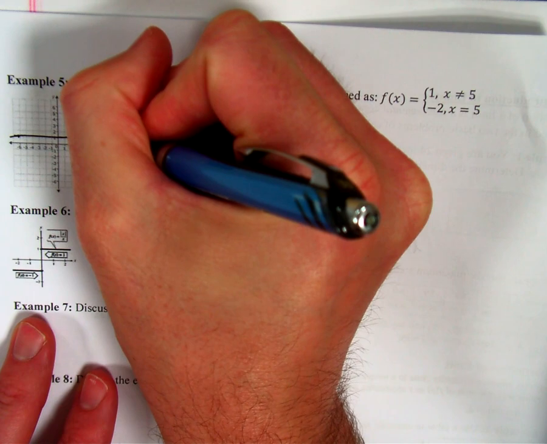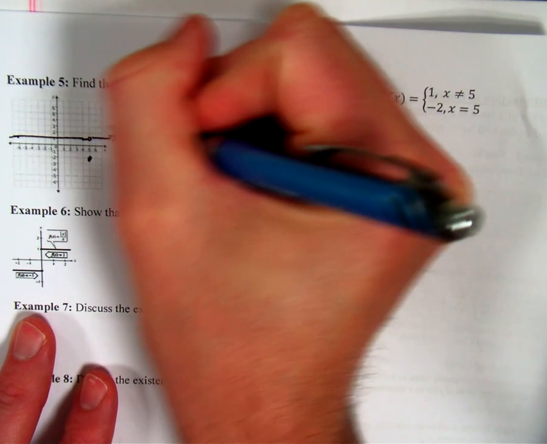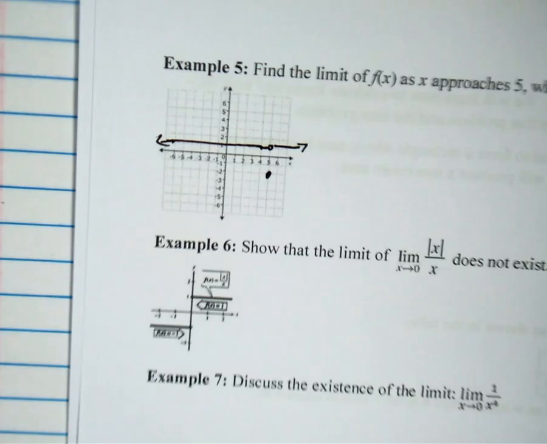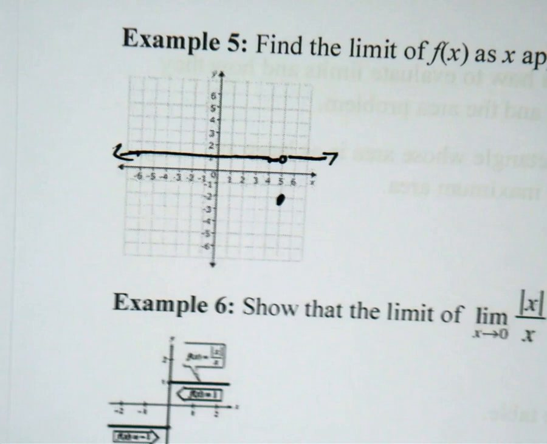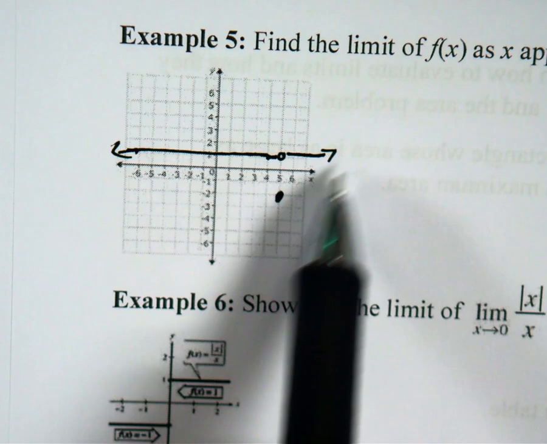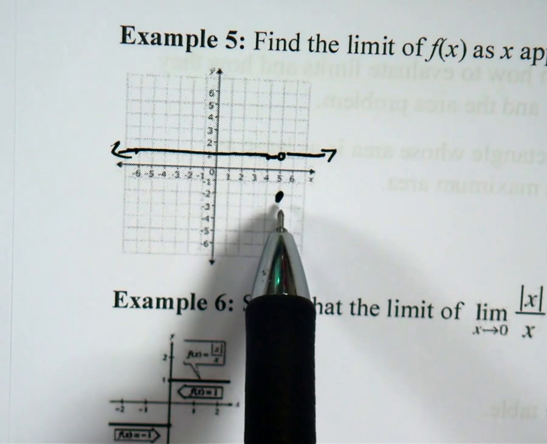So open dot there. Everywhere else it's 1, except exactly at 5, then it's negative 2.